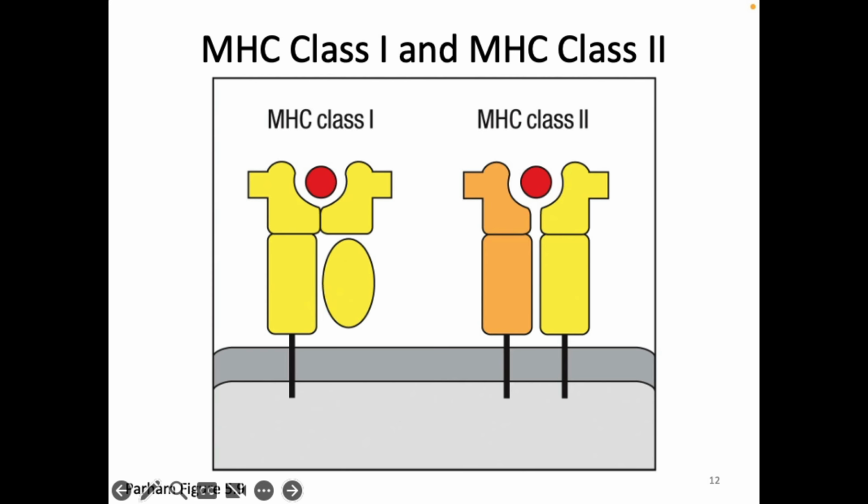And these two types of proteins have somewhat different structures and a bunch of different important properties. So I'm going to tell you specifically a bunch of stuff about MHC class 1, and then I'll go back and tell you all the stuff about MHC class 2.